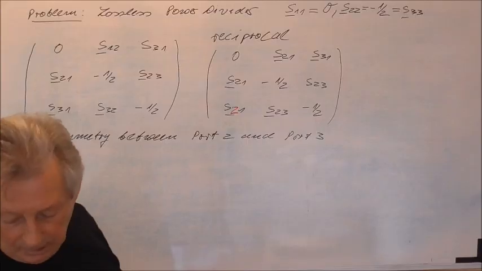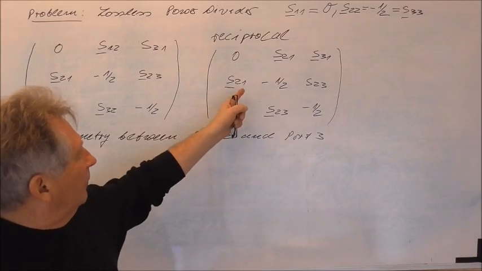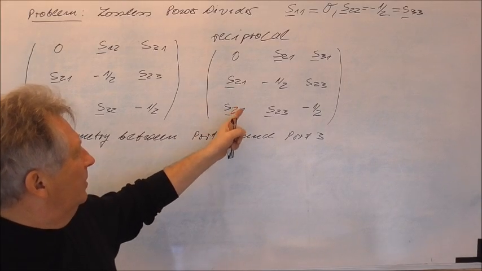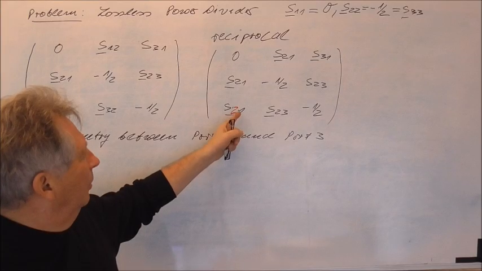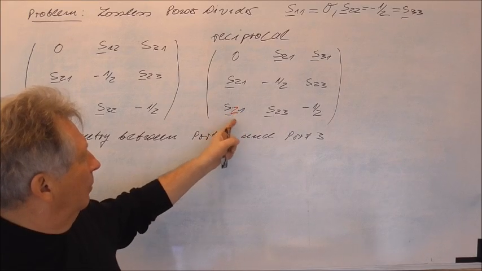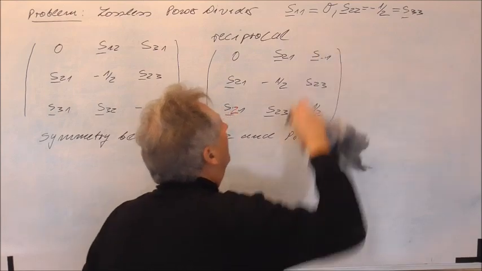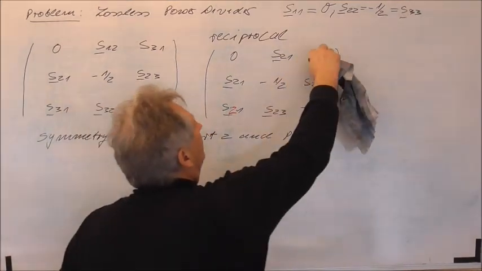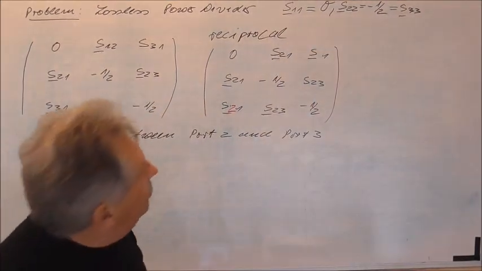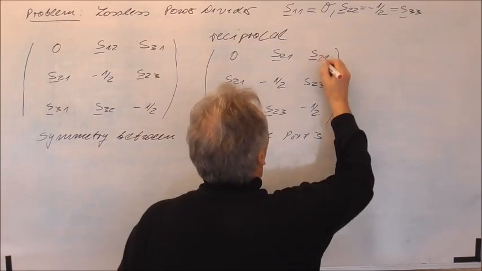So the transmission factor from port 1 to port 2 must be the same as from port 1 to port 3, and so we can use this, and we can also say that this must be 2 here, equal to 2.